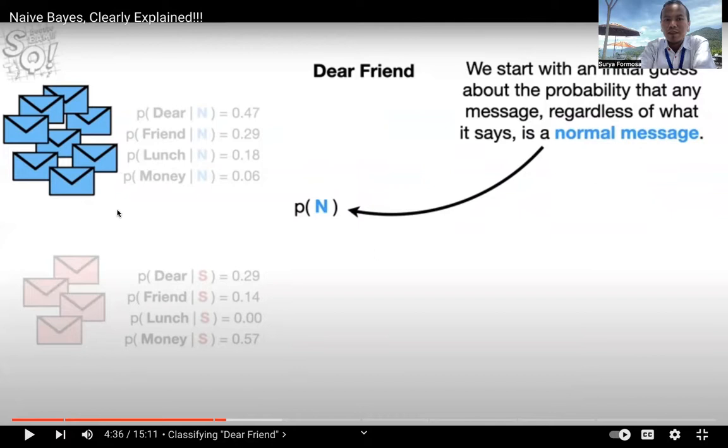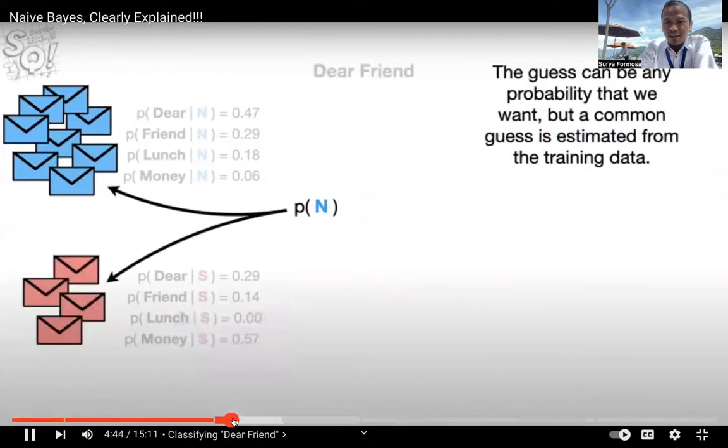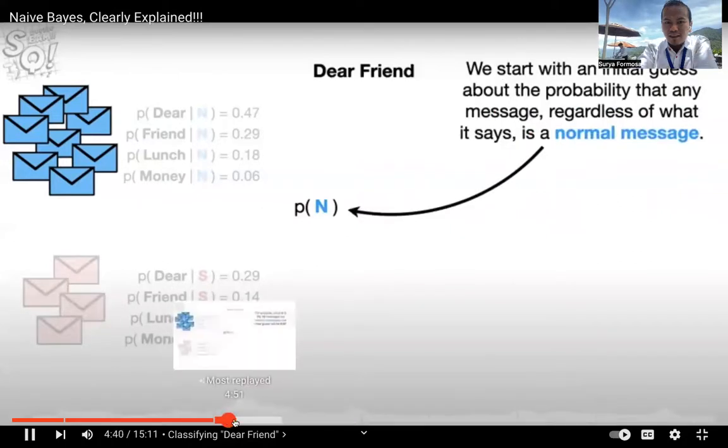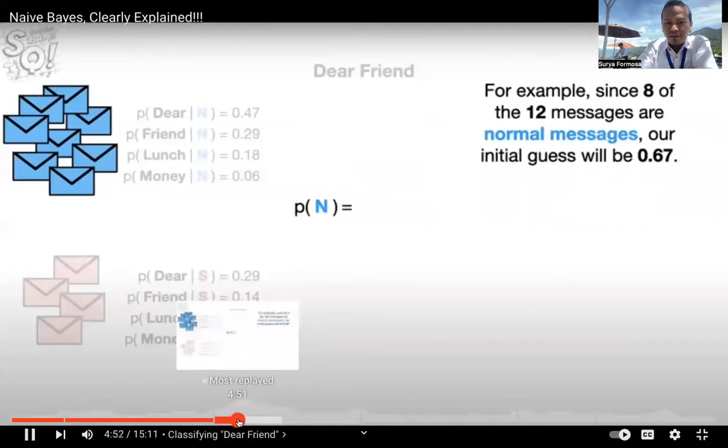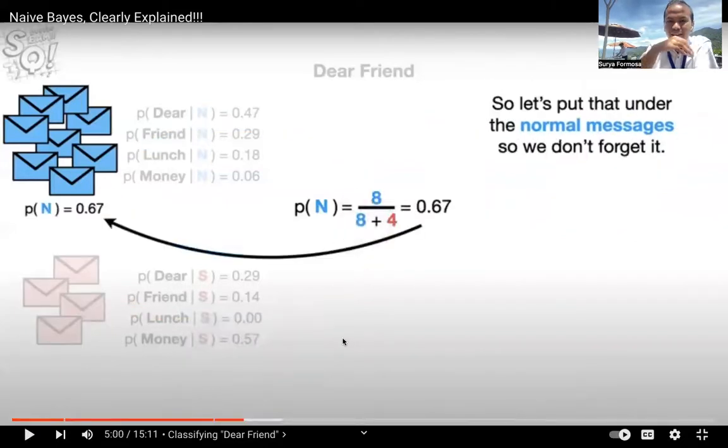So the probability of normal messages appearing is 8 divided by 12, right? So that's why the probability of normal messages is 8 divided by 8 plus 4, which is 0.67.